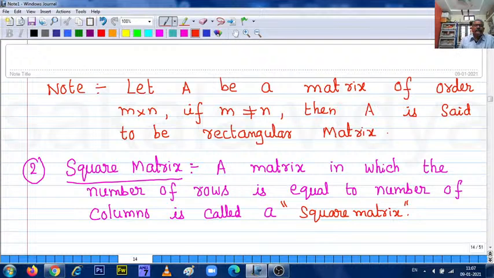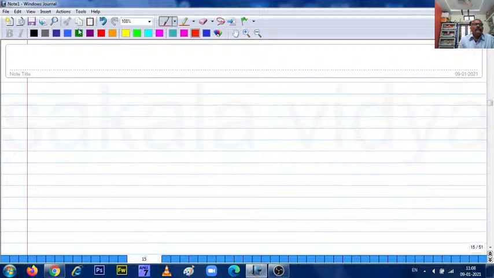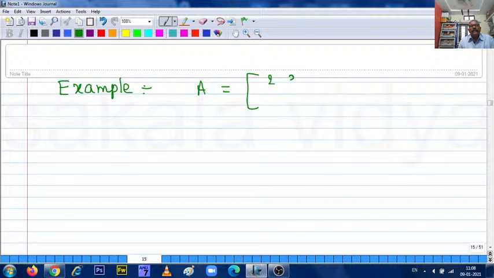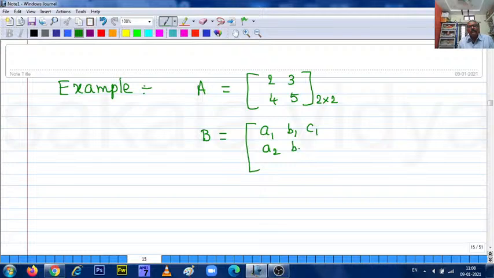Yes, square matrix. Now example, A equals 2, 3, 4, 5. Number of rows 2, number of columns 2, 2 by 2. Another example, B is equal to A1, B1, C1, A2, B2, C2, A3, B3, C3. This is 3 by 3.